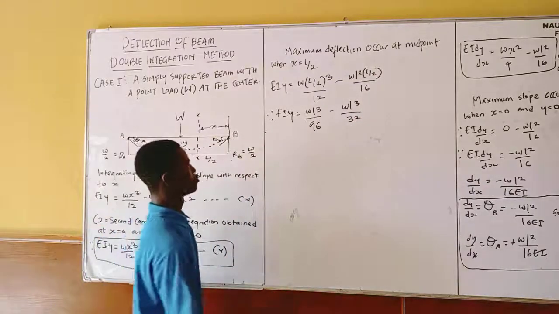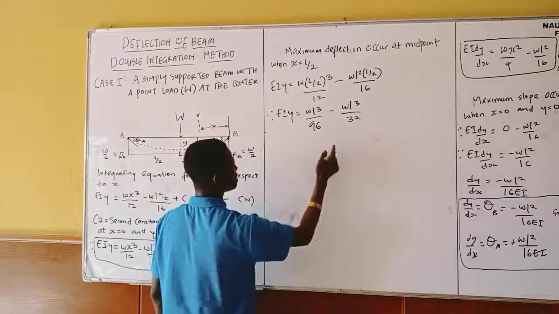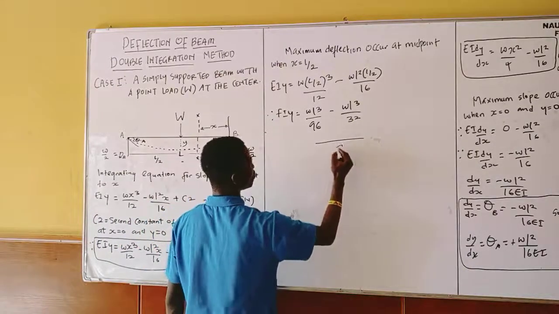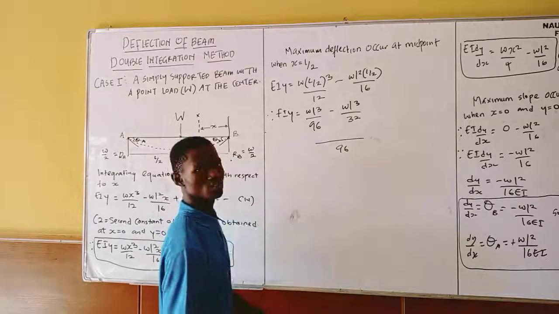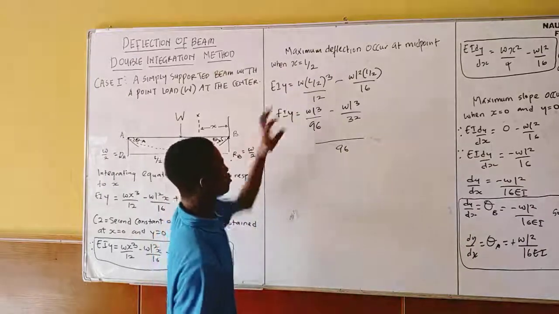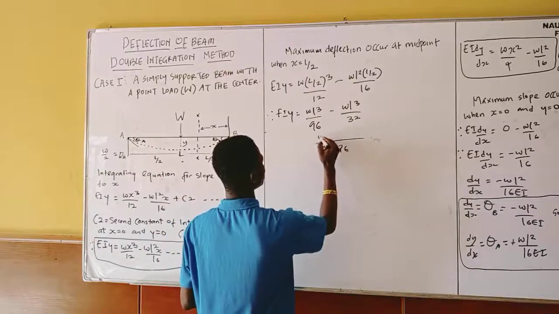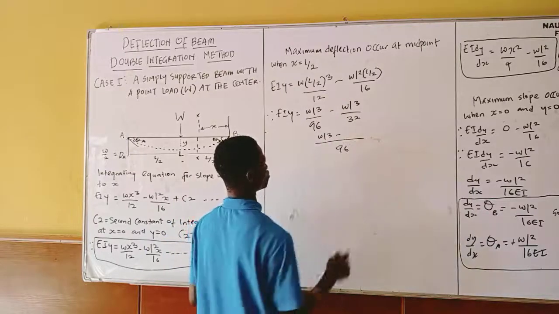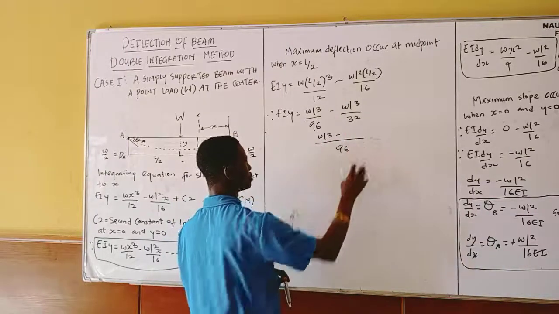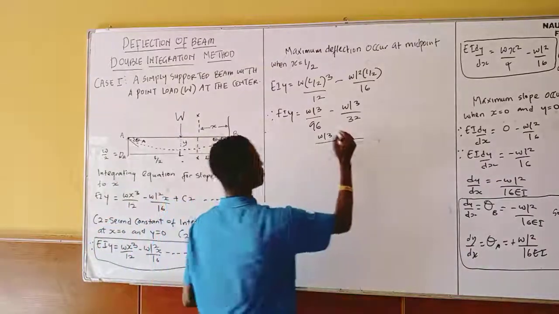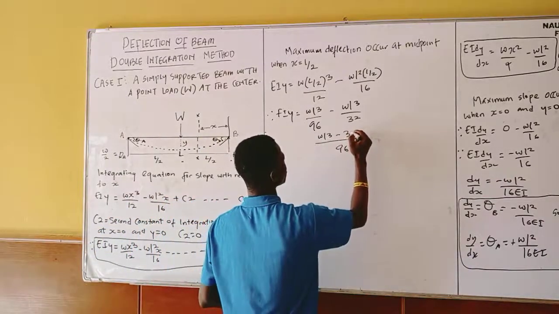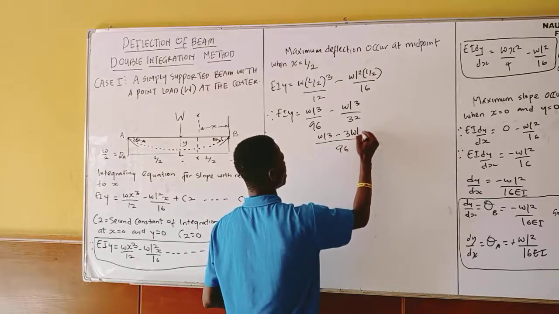It's very, very simple. So now we need to simplify this. If we simplify this, we are going to have LCM of 96. Then 96 in 96 is 1. Then 1 multiplied by WL cube, we are going to have WL cube minus 32 in 96, which is going to give us 3. Then 3 multiplied by WL cube is 3WL cube.